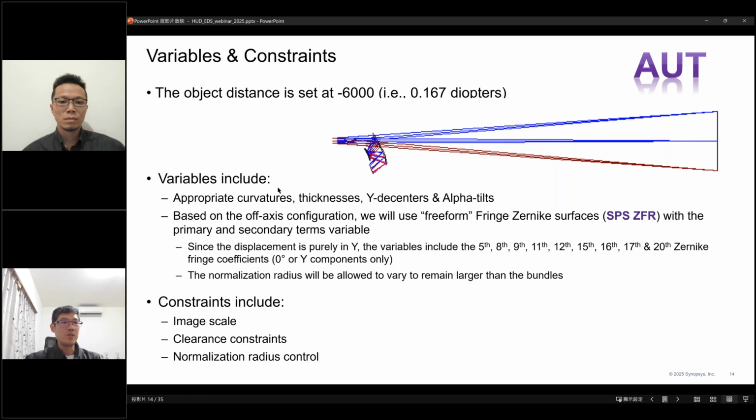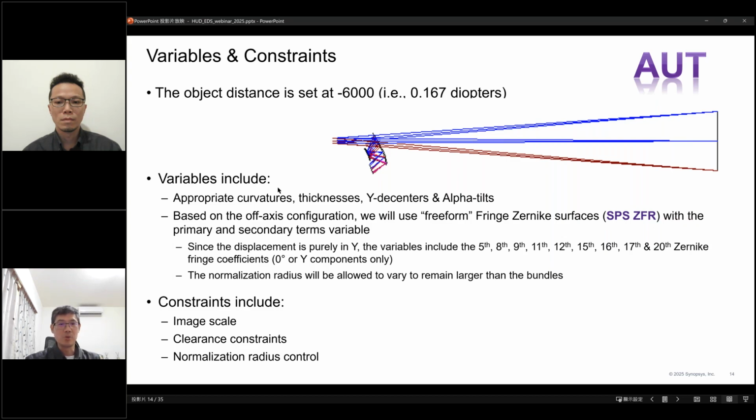And we need to set some variables, including the curvatures, thicknesses, Y decenters, and the aberrations. Based on the off-axis configuration, we will use the freeform fringe Zernike surfaces with primary and secondary terms as variables.